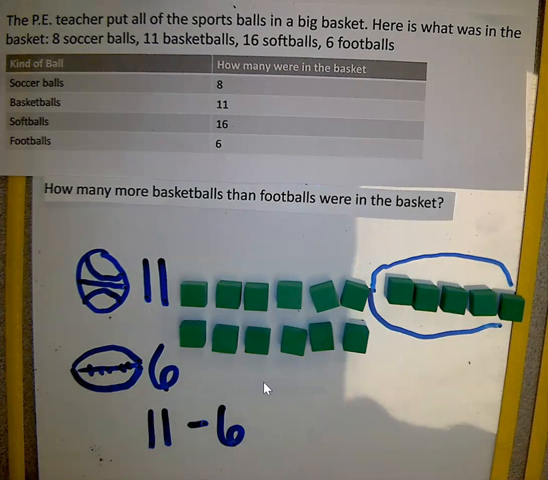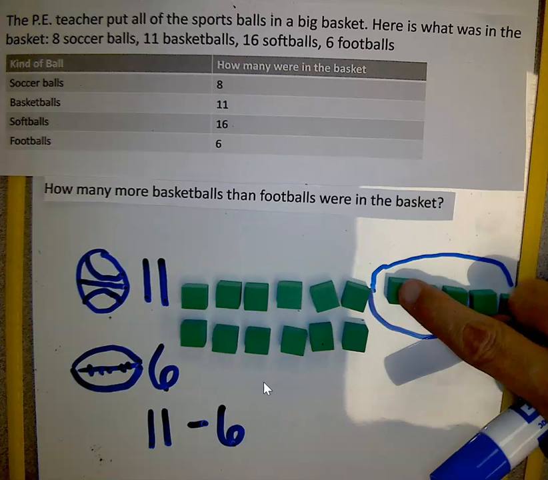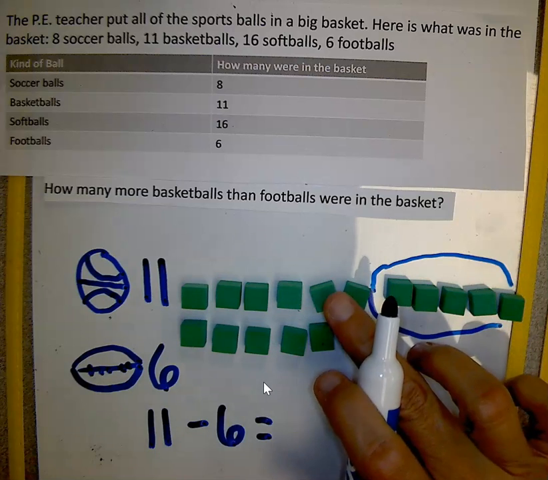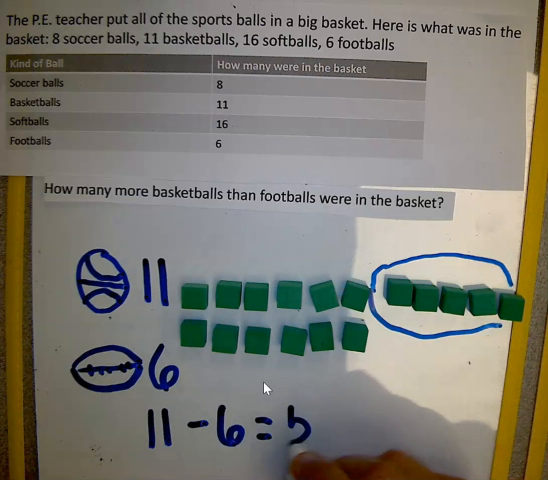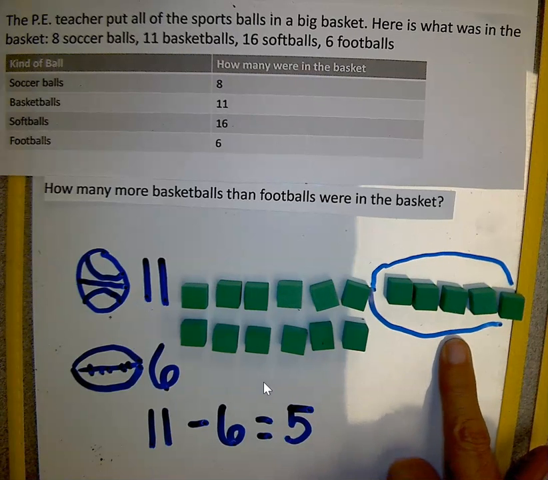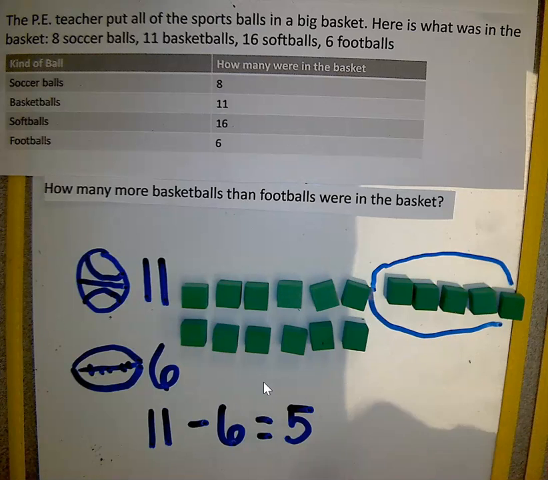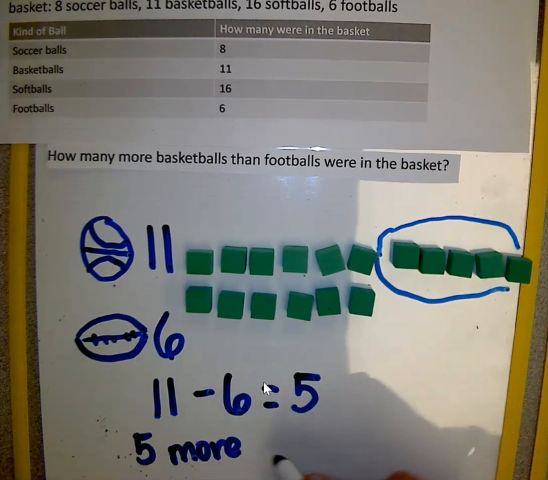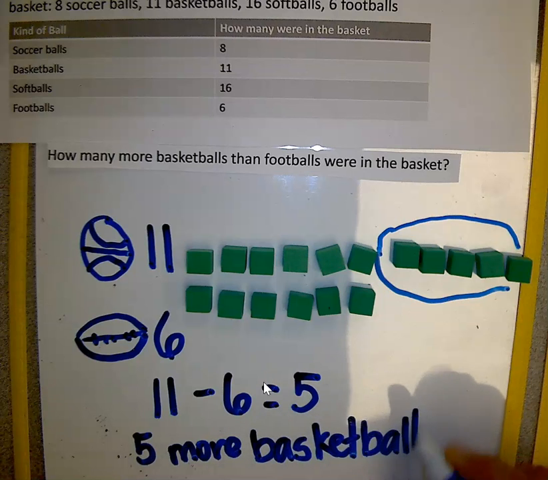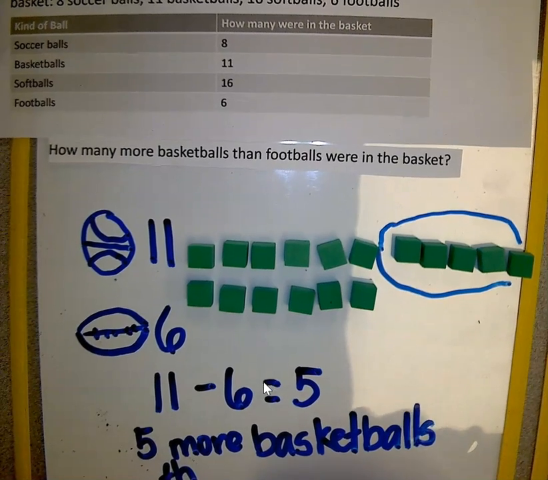If they both had 6, they would be the same, but there are more. Let's count. 1, 2, 3, 4, 5. So if I have 11 and I take 6 away, I have 5. There are 5 more basketballs than footballs.